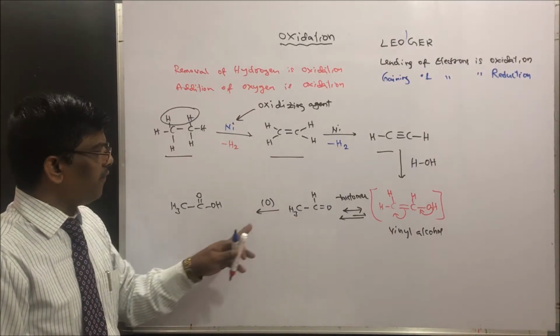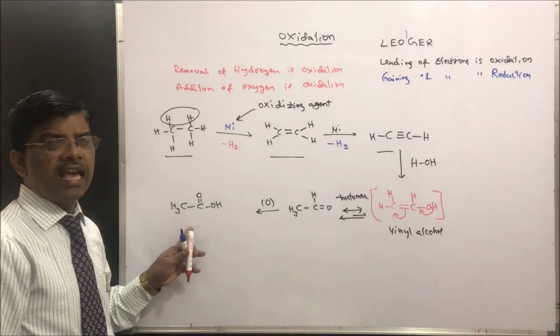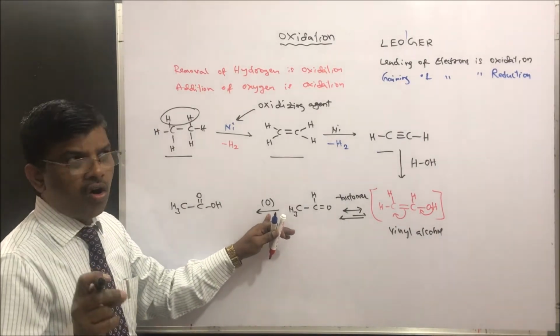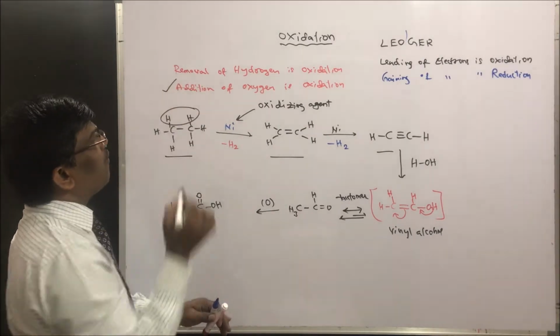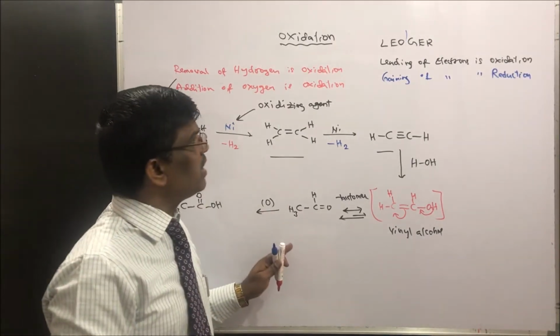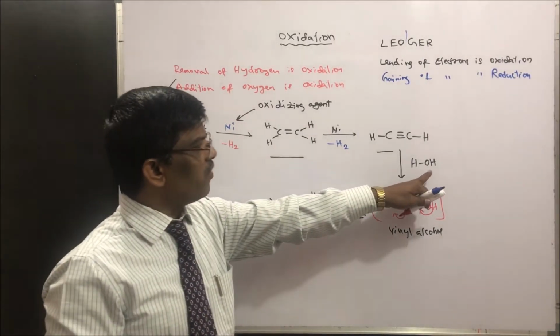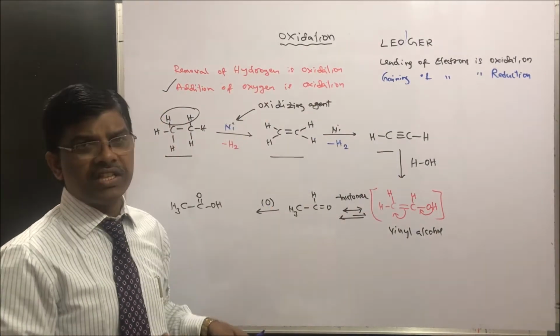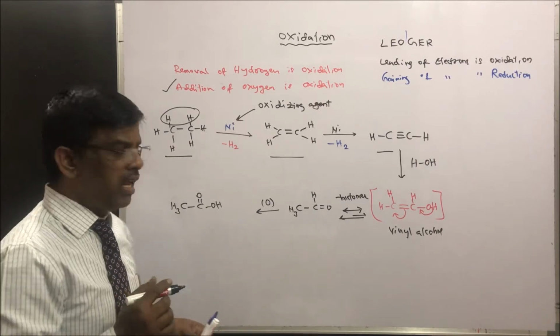This acetaldehyde on further oxidation gives acetic acid. So what are we doing here? We are adding oxygen. Addition of oxygen is oxidation. This is how oxidation can be defined.